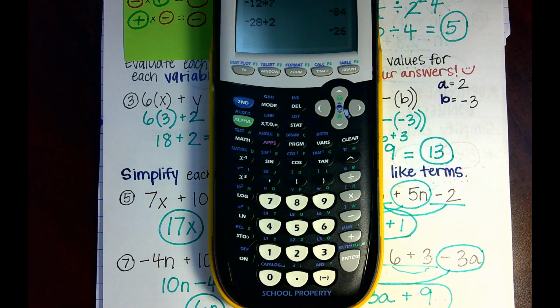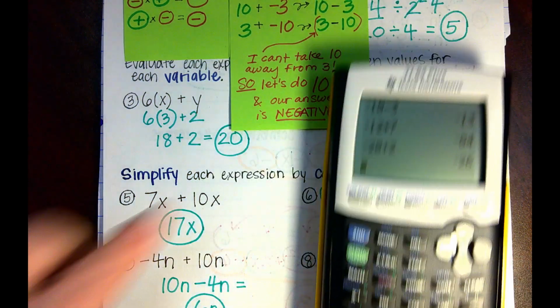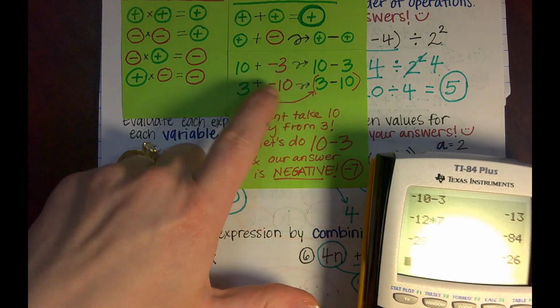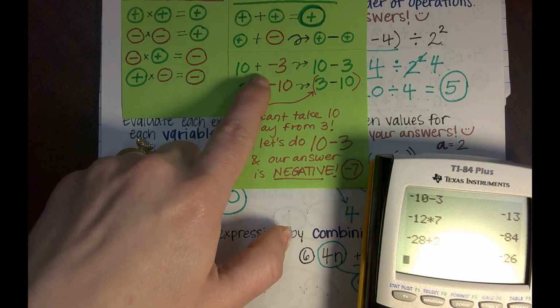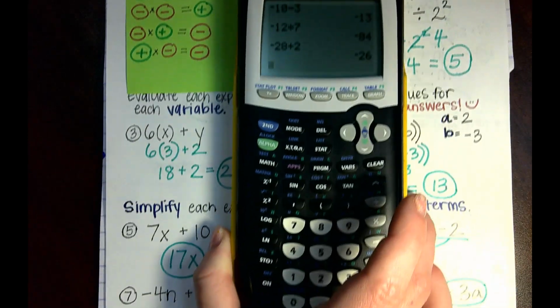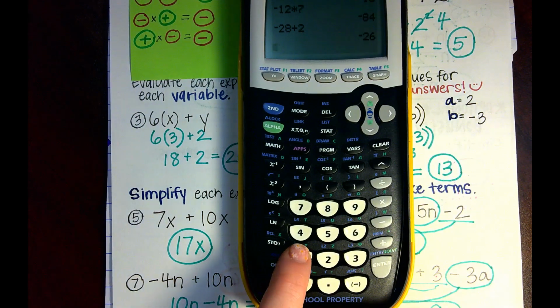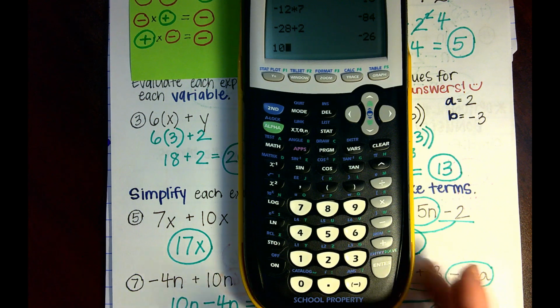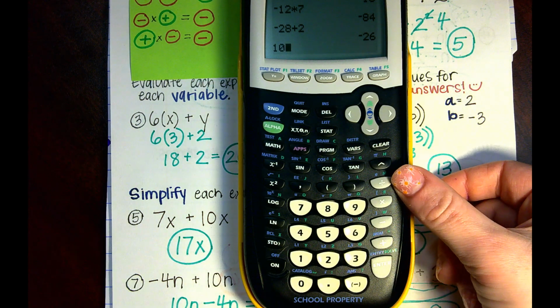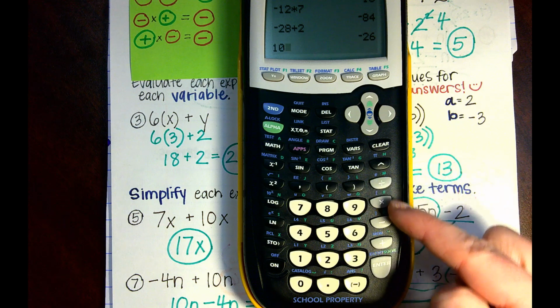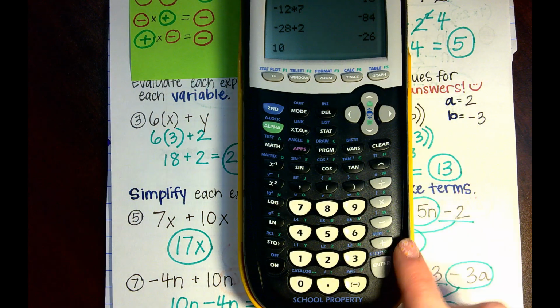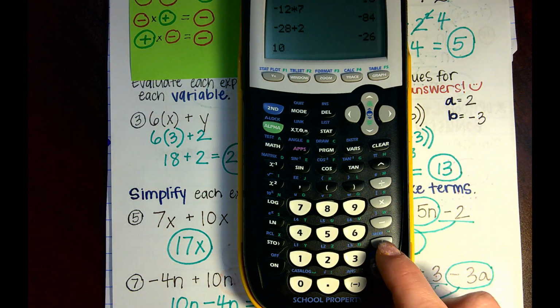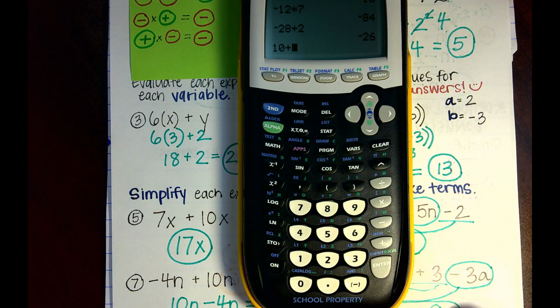If I wanted to do, for example, 10 plus -3, I would type 10, so 1, 0. Then our addition, subtraction, multiplication, division, those are all along the right side. My plus sign is right above the enter key. I'm going to hit plus.